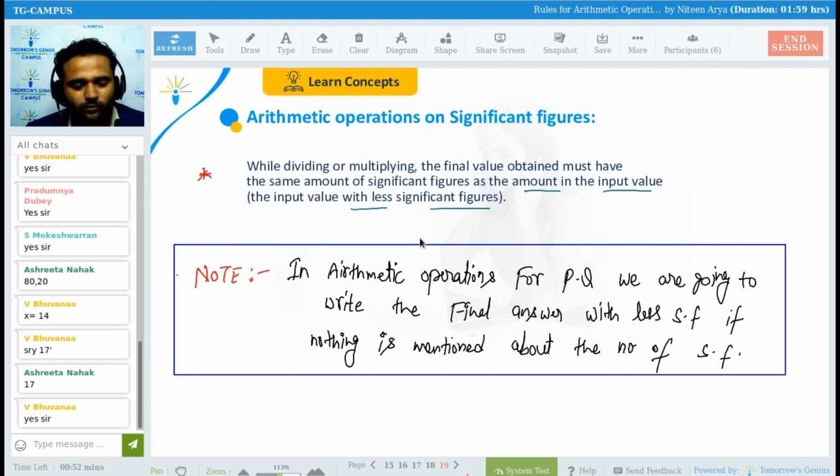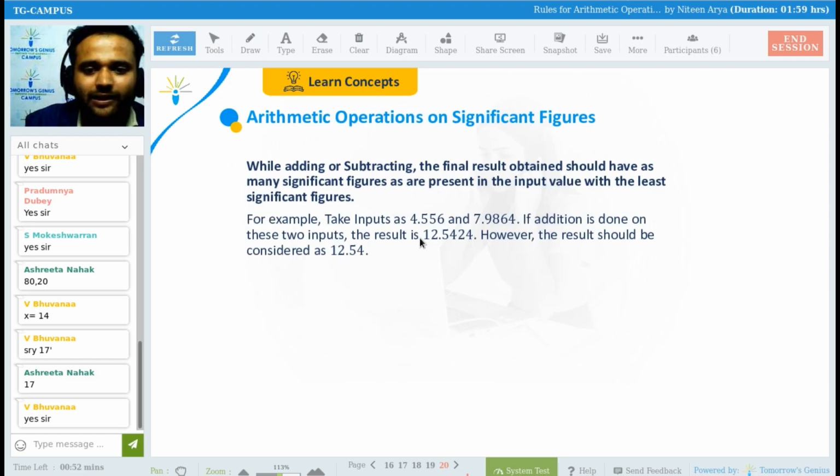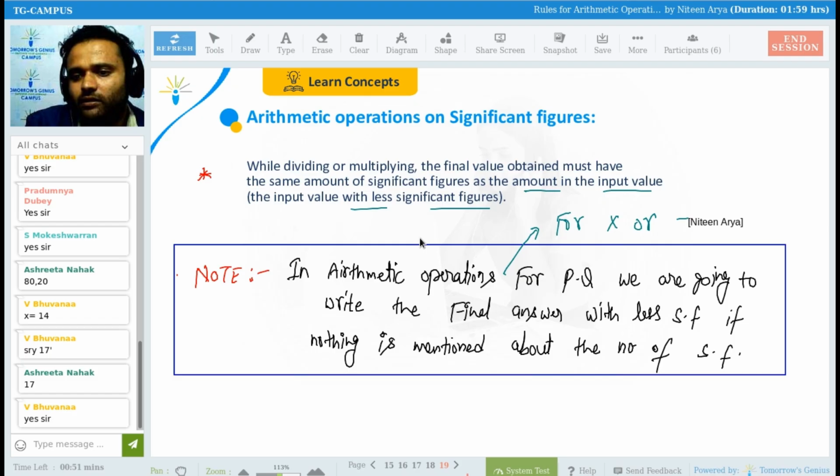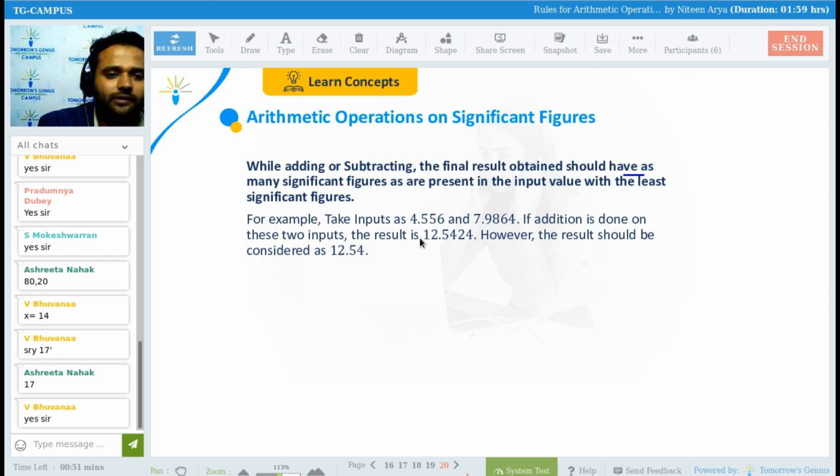If they specifically want it in a more precise way, like write this physical quantity in 5 significant figures or 4 significant figures, you need to write it in the same way. Okay, for multiplication or division, and in addition, this is the point.